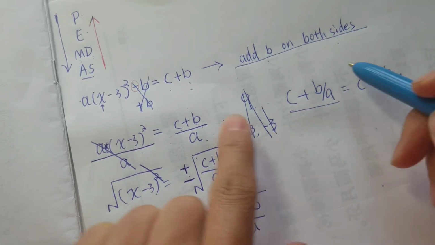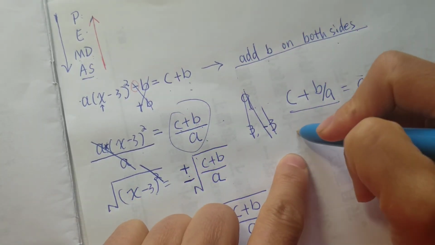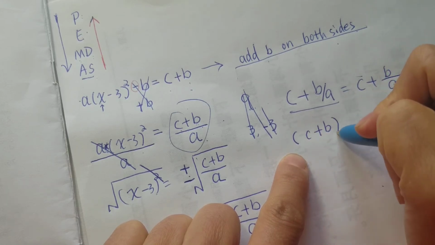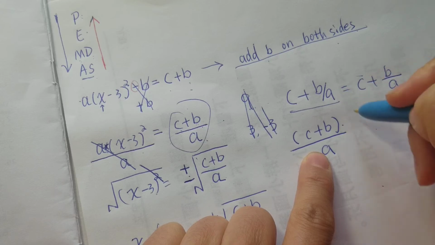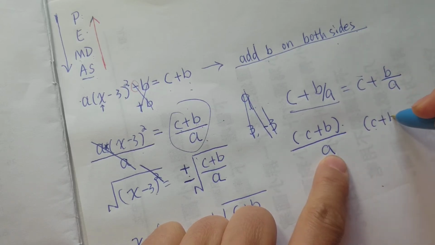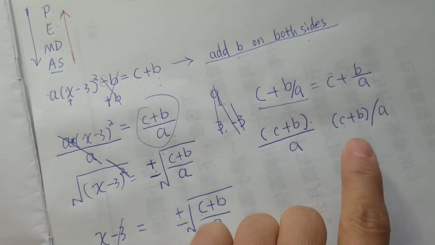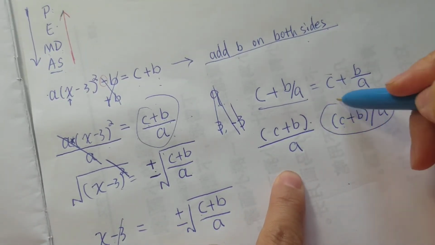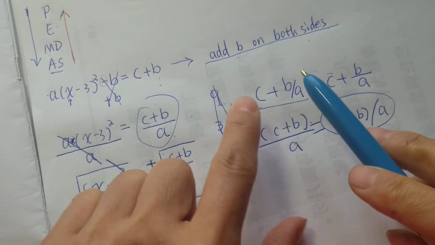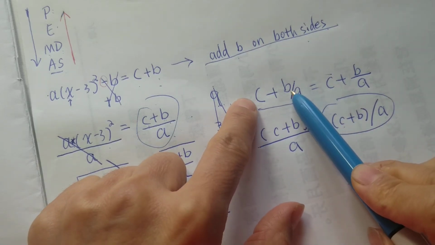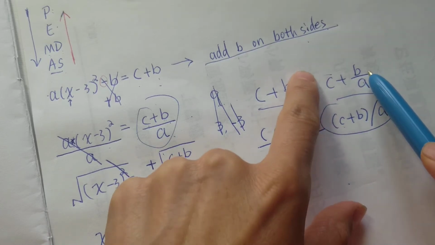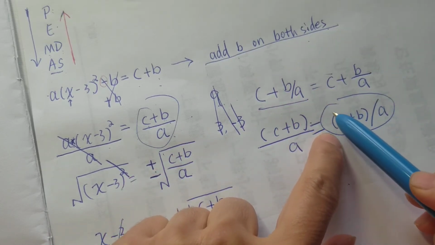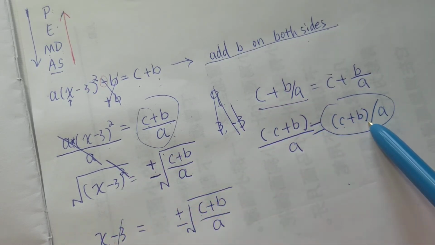Now, if you want to type in for this form, you have to add parentheses. What you type is going to be (c plus b), parentheses, slash a. That is the same as this one. Without the parentheses for c plus b, you have a form like this. You see the difference? So when you type in, make sure you cover yourself.